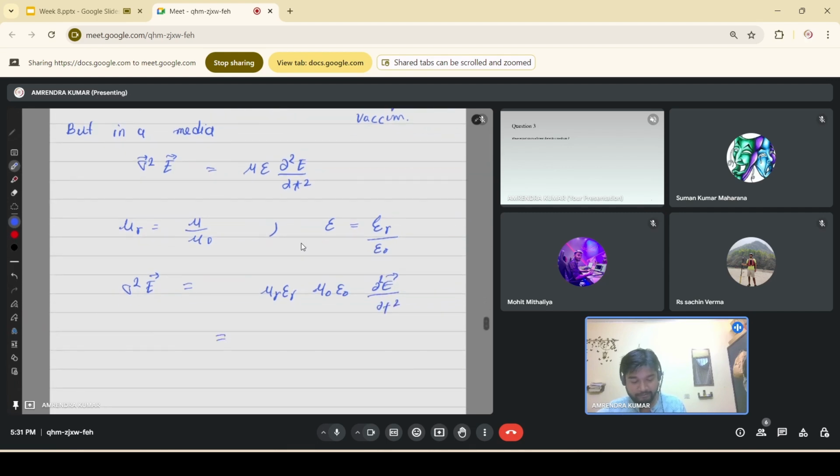So we can easily identify this is 1 over c square, del square E over del t square, and this is the del square E.